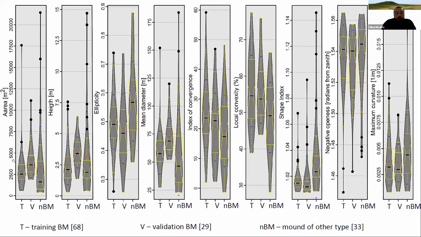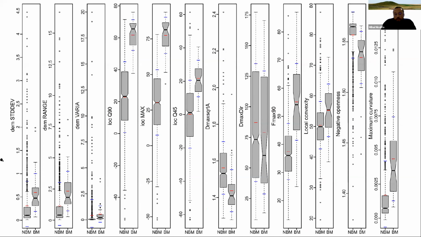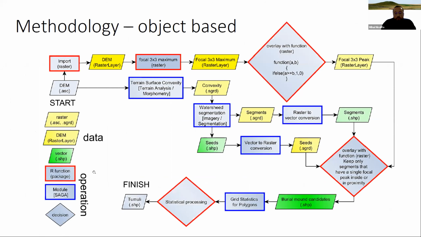It can be clearly seen that there is a certain signature if you look at the area, the height, or even shape index, local convexity or maximum curvature. Also, we tested a wide range of geomorphometrical variables to see if there are indeed differences between the burial mound areas and non-burial mound areas, in order to see if it is fit to derive a methodology to delineate them.